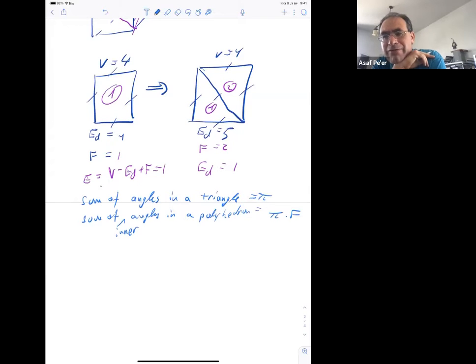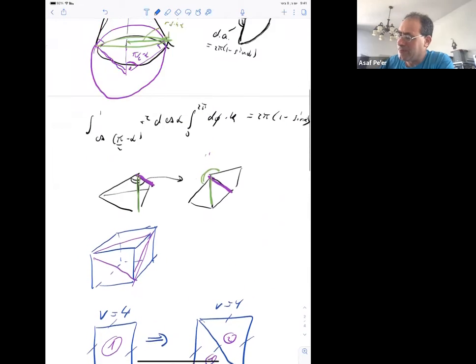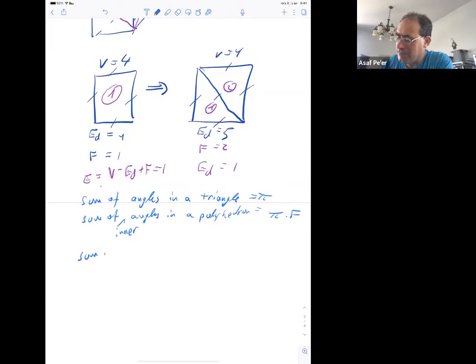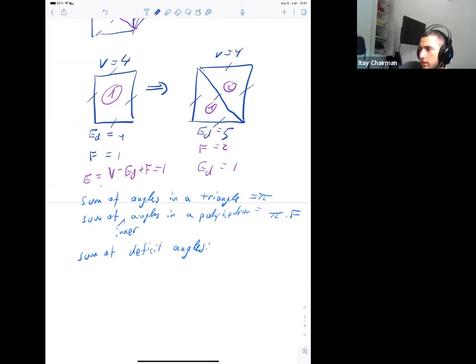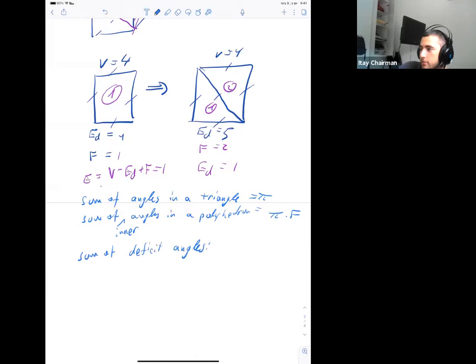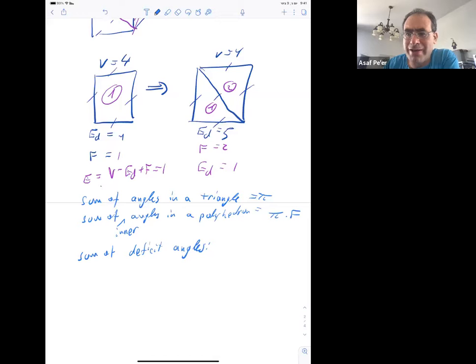And so what will be the sum of the deficit angles? What we had here? Two pi minus pi f. Each vertex contributes 2 pi.